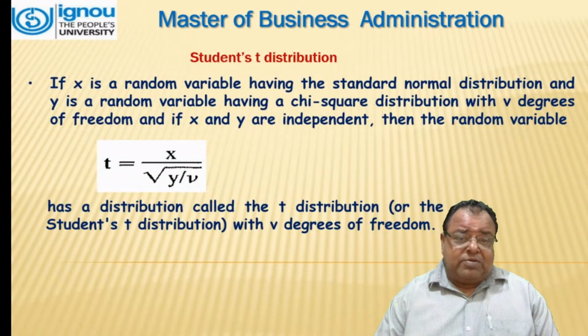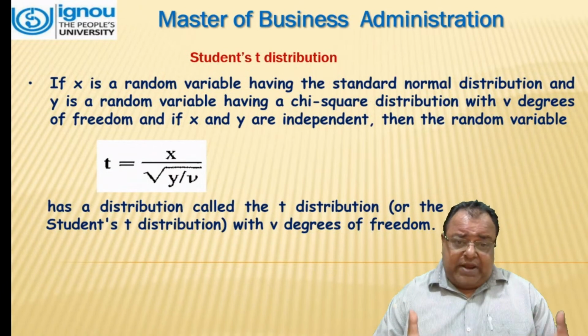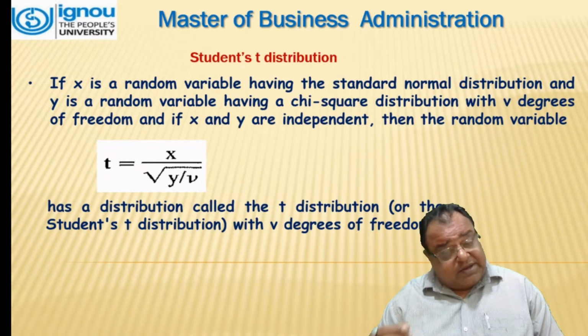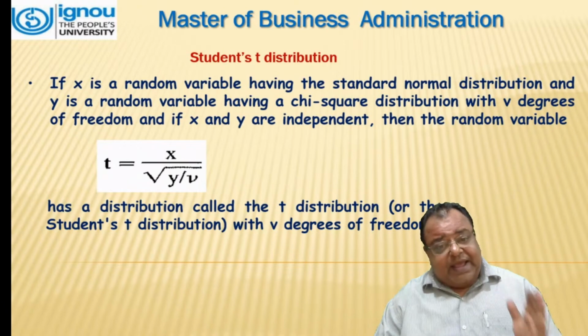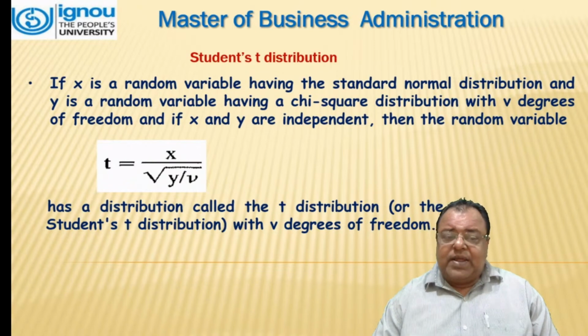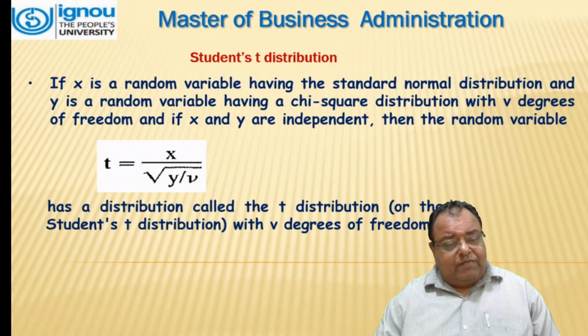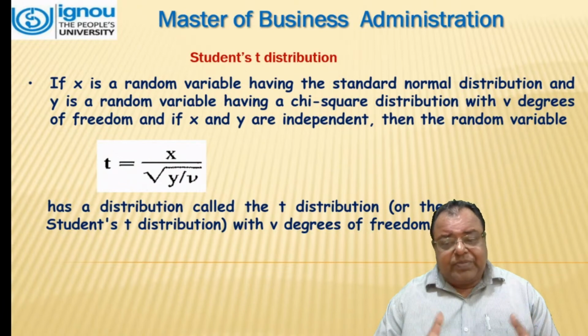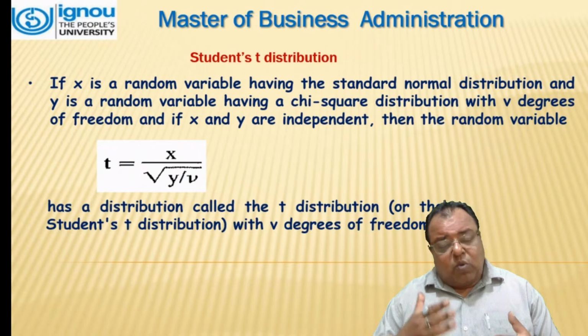Now here in the t distribution, if x is a random variable having the standard normal distribution and y is a random variable having a chi-square distribution with v degrees of freedom, and if x and y are independent, then the random variable t equal to x upon under root y upon v has a distribution called the t distribution or the Student's t distribution with v degrees of freedom.